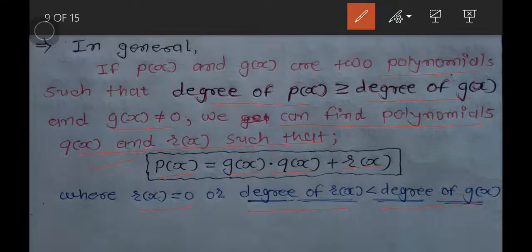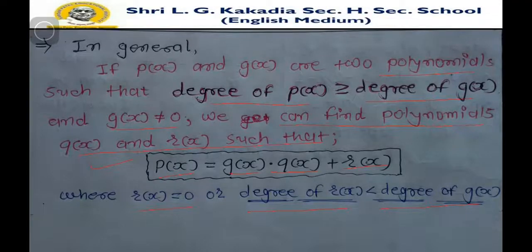That is, the degree of the remainder is less than the degree of the divisor. Then we stop our procedure for division. So that is our division rule.